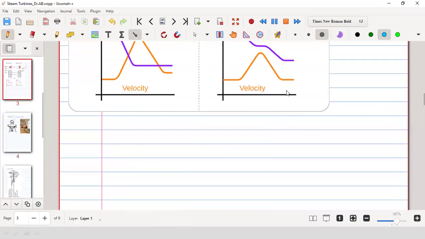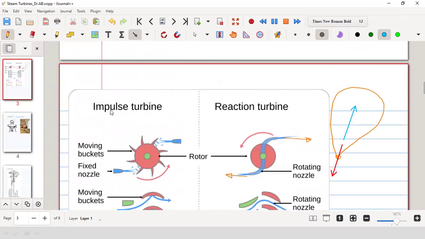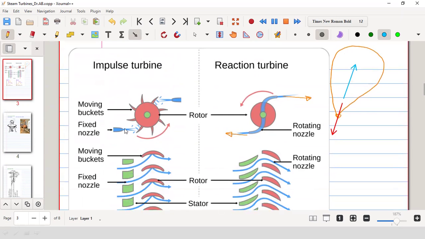So in the last class, I discussed impulse turbine. Here I'm just recapitulating. In an impulse turbine, you have a nozzle through which the fluid comes out and impinges on the blade, and therefore the momentum of the fluid is transferred to the blade.